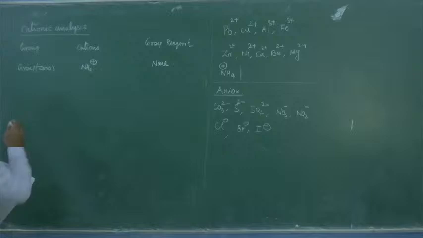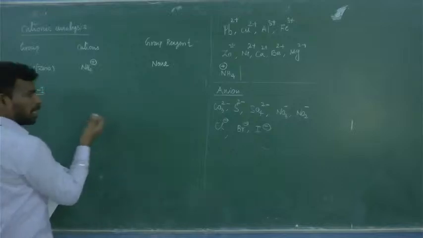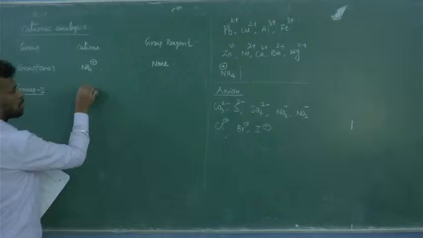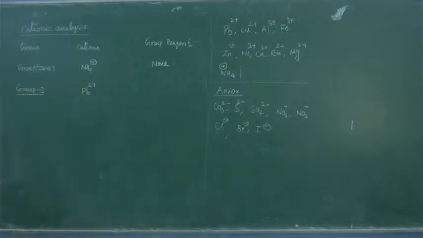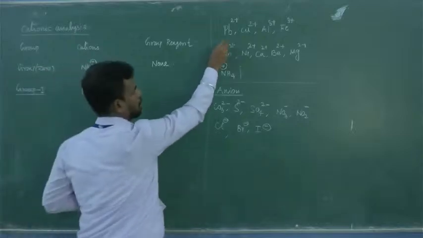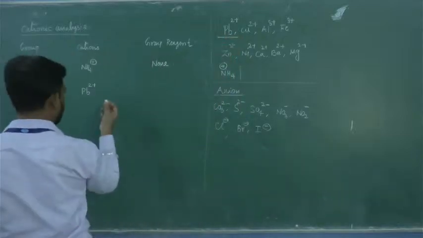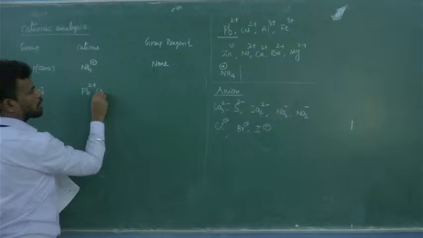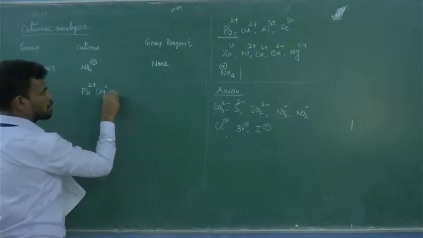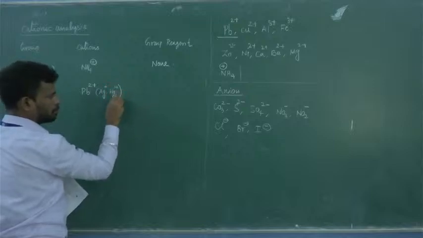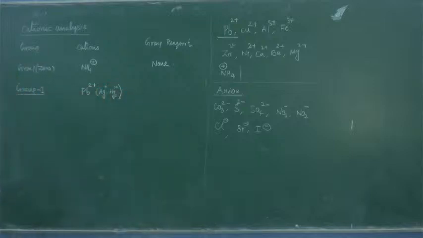Second one is going to be group 1. In group 1 there are many cations. Our focus is only going to be on lead. Not only lead, we have silver plus and mercury 2 plus, which are not in our syllabus.